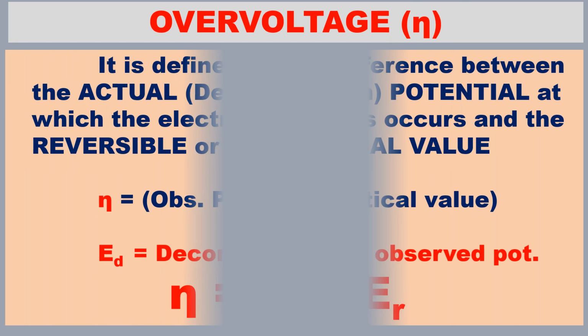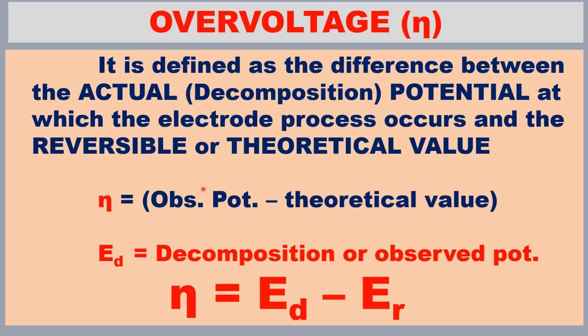Okay, over potential is denoted by eta. It is defined as the difference between the actual observed potential at which the electrode process takes place and the reversible or theoretical value of that process.